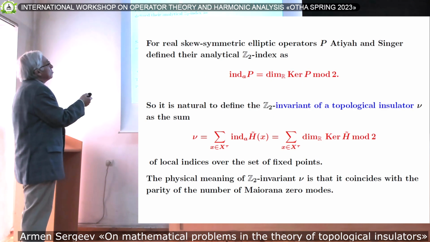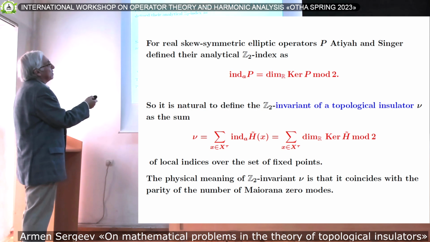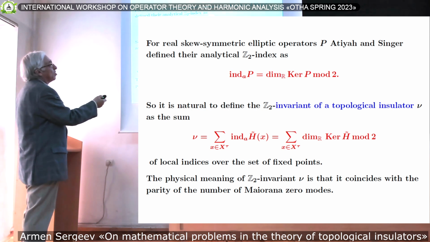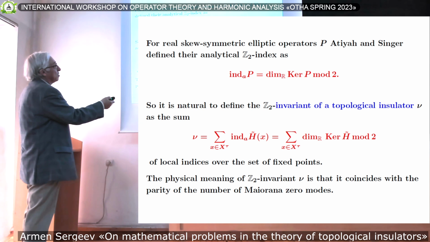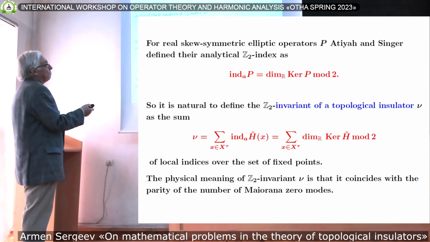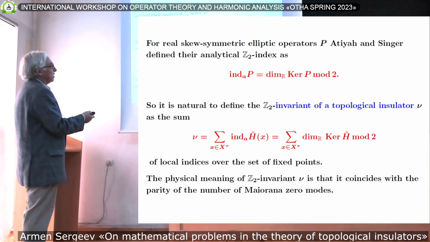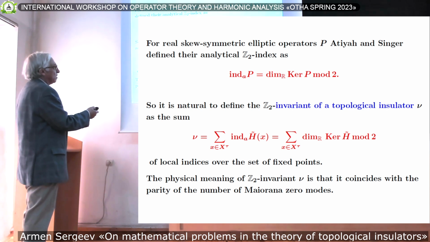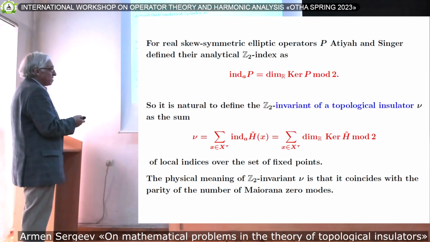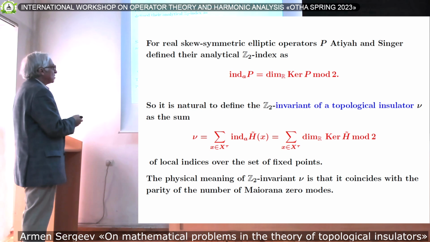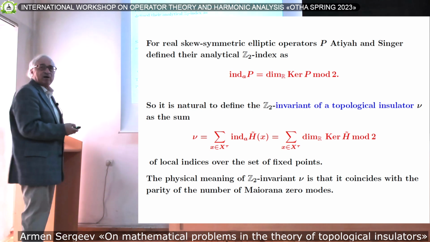So for real skew-symmetric elliptic operators, Atiyah and Singer define their analytical Z2 index as the dimension of the kernel of this operator modulo 2. So it is natural to define the Z2 invariant of a topological insulator mu as the following sum: the sum of local indices at the fixed points equal to that. The physical meaning of the Z2 invariant is that it coincides with the parity of the number of Majorana zero modes.